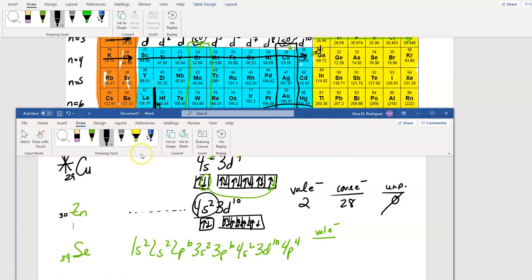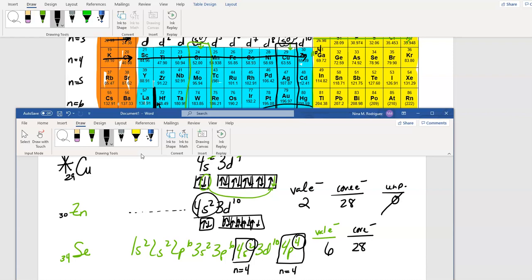Well, you have 4s2, because it's n equals 4, and I also have this one. So that's why, ladies and gentlemen, you can't always think it's the last thing that you write. It has nothing to do with that. It's the highest quantum number. And 2 plus 4 is 6. What's the core? Well, 34 minus 6 valence, you have 28.